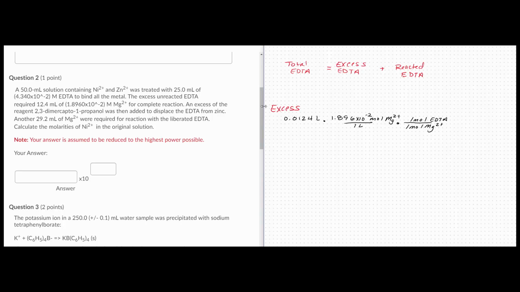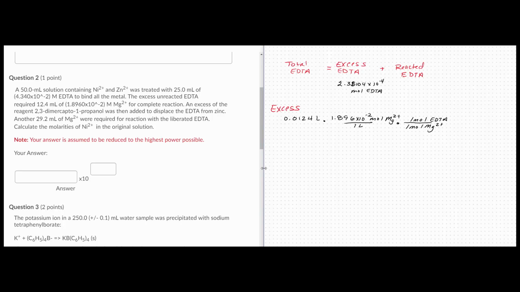That means my excess EDTA, 0.0124 times 1.896 times 10 to the negative 2, I have 2.35104 times 10 to the negative 4, and that is moles of EDTA in excess.